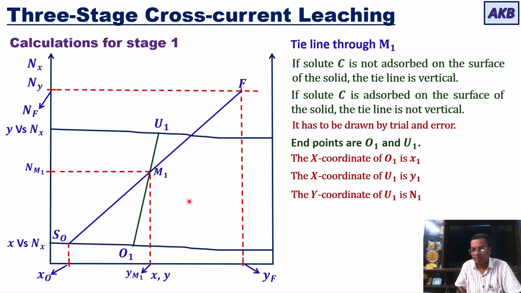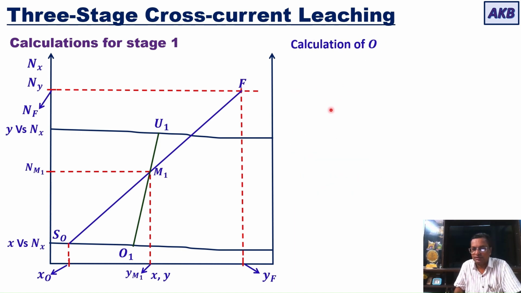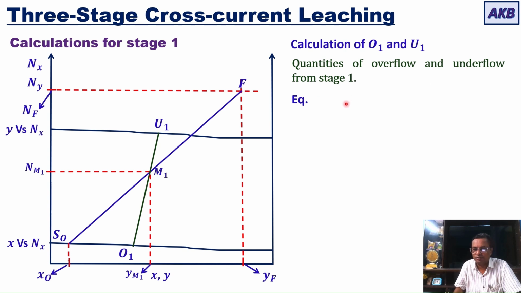The objective of drawing the desired tie line is to know the values of x1, y1 and n1. Once those three quantities are known, you can calculate the quantities O1 and U1, the overflow and underflow that come out of stage number 1.